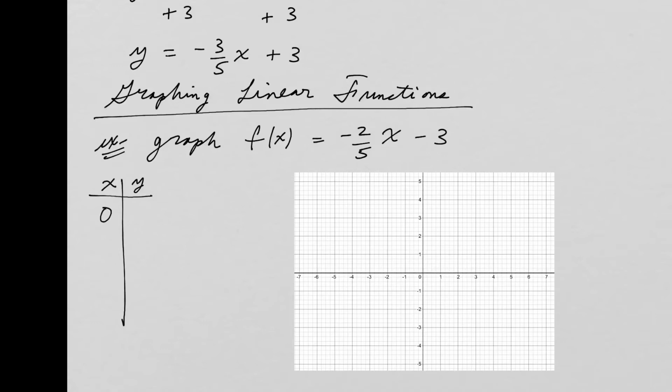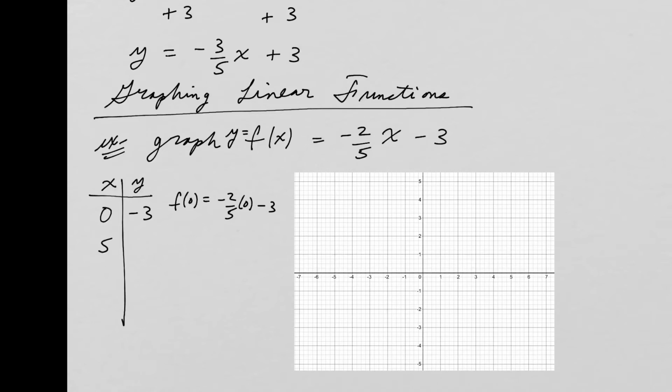So in this case, if I plug in 0, then I have f of 0, which is negative 2/5 times 0 minus 3. So this is just going to be negative 3, right? Remember, you can also call this y. The f of x is also called y. Since I have negative 2/5, let me use maybe 5 as an input.